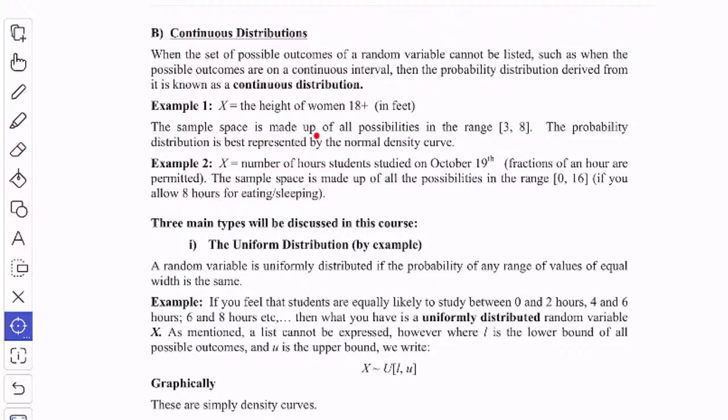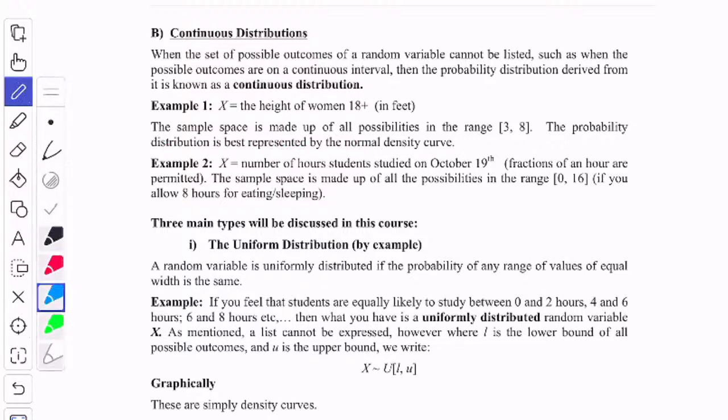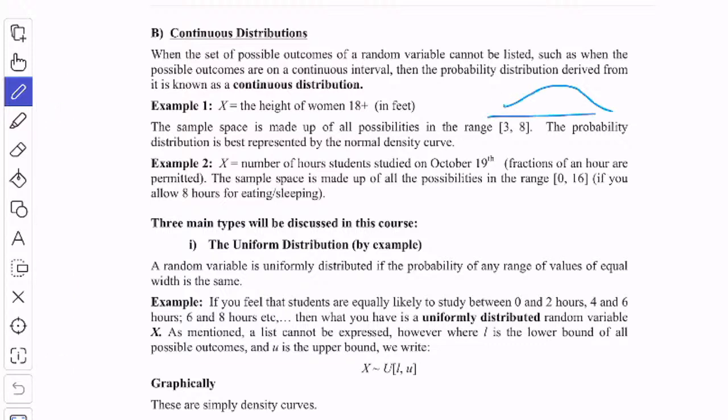The sample space is made up of all possibilities in the range of 3 to 8, and all fractions are included. So the probability distribution is best represented by the normal density curve. The normal density curve is not a spike density curve. It looks like this. It's smooth, right? And that's how we talked about it. So we already know one continuous distribution.